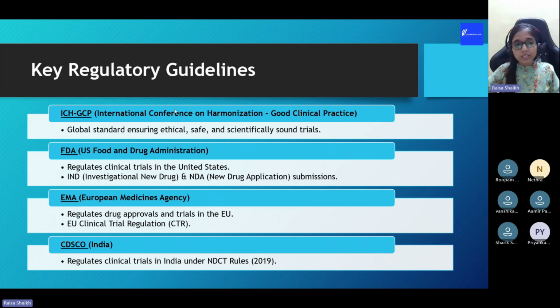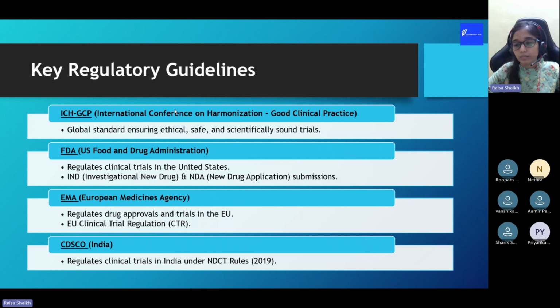Now, the next slide is on key regulatory guidelines. If you see, there are underlines on FDA, EMA, CDSCO, ICH, GCP. Basically, these are all linked. The main guidelines are ICH GCP. If you go to the ICH website, there are multiple guidelines available. The ICH efficacy guidelines are what you should focus on for clinical trials.